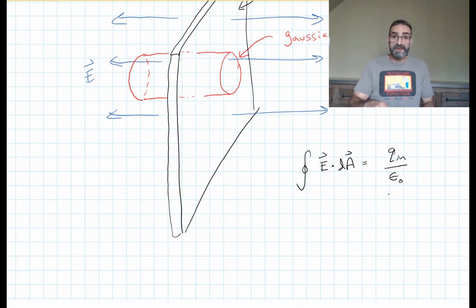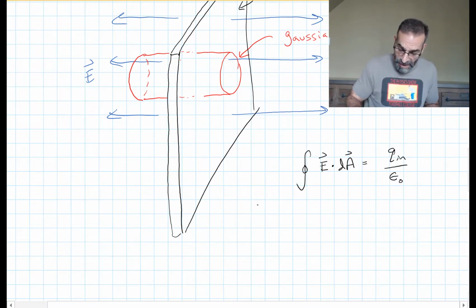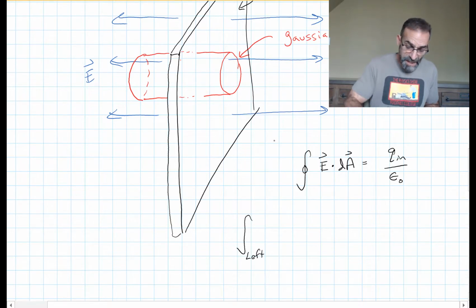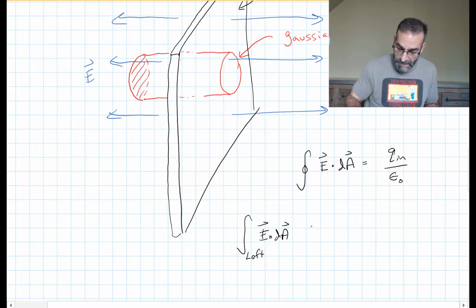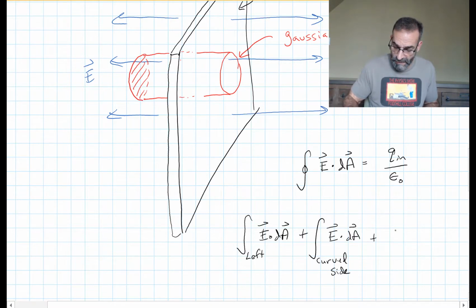Of course, our Gaussian shape has 3 surfaces to it, so I can split this integral on the left up into an integral over the left side. What is the left side? That's this face right here. That's the left side of E dot dA, plus the integral over the curved side, plus the integral over the right side of E dot dA.